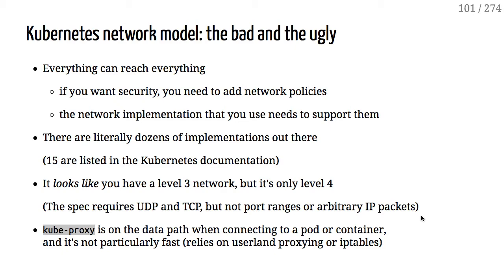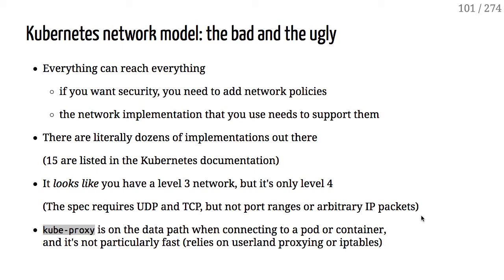There is also another thing, which is that kube-proxy is on either the data path or the control path for all the internal traffic in the cluster. So when I have a pod connecting to another pod, it's not connecting directly. It's going to connect to a virtual IP. The traffic is intercepted by iptables rules, and then that gets routed to the final destination.